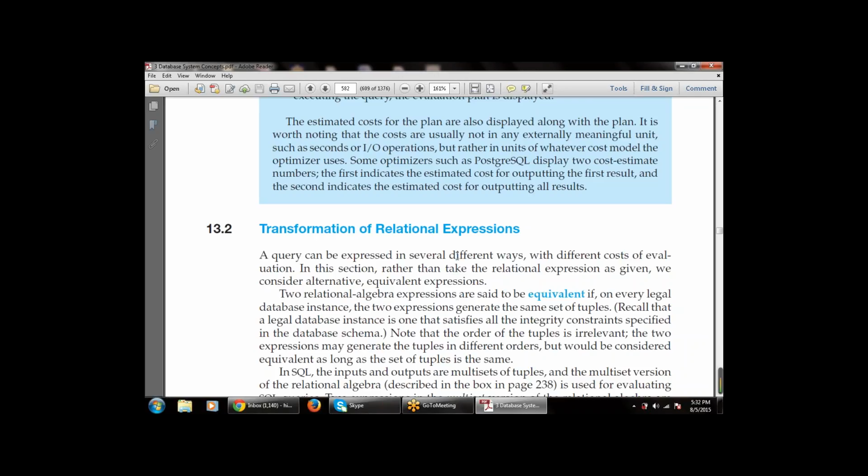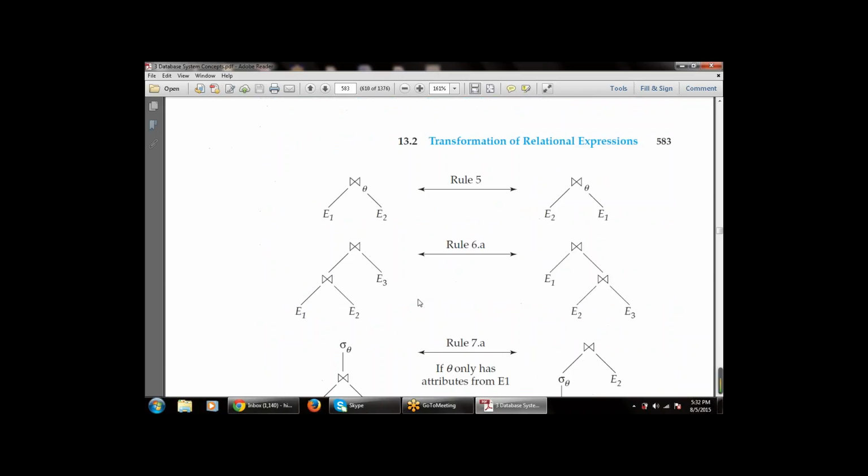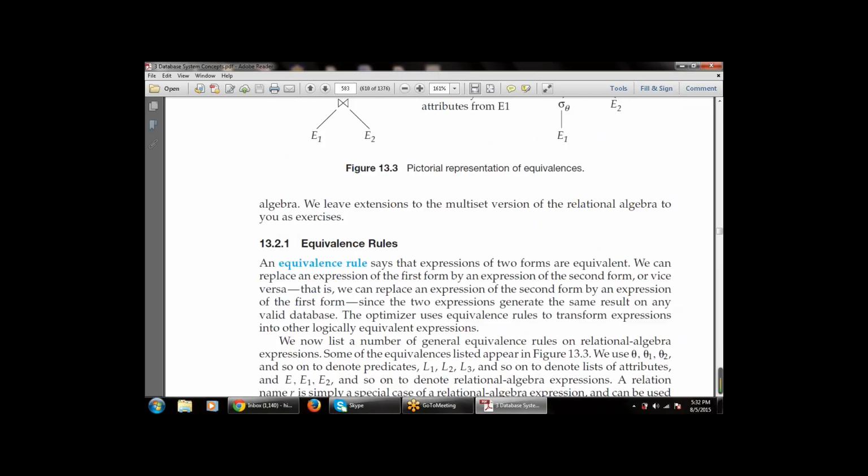That is, the output generated contains the same tuples, the same rows, as given by the two relational algebra operations. Recall that a legal database is one that satisfies the integrity rules also. In SQL, the input and the output are multisets of tuples, and this is the multiset version of the relational algebra. This is one of the methods. These are the various transformation rules.